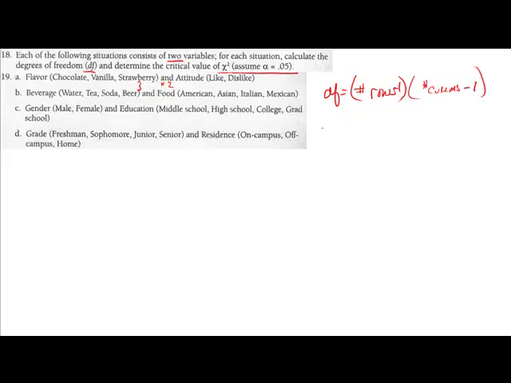So if you have, let's do A, and you have 3 by 2, 3 minus 1 times 2 minus 1, that's a 2 times 1. That is going to equal 2.